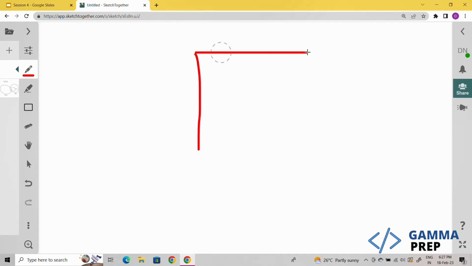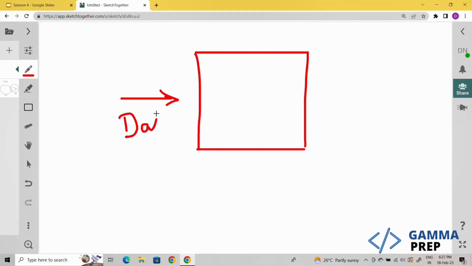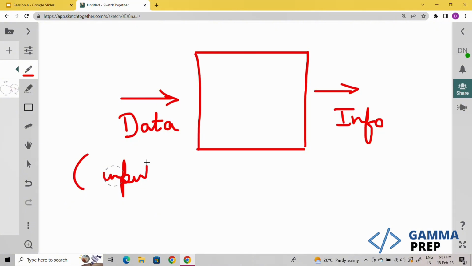What you provide to the machines as the input is basically the data, and what you get out is the information. Data is basically the unprocessed raw facts and figures, and it's the input, whereas information is the output.